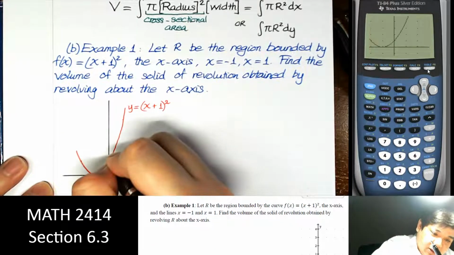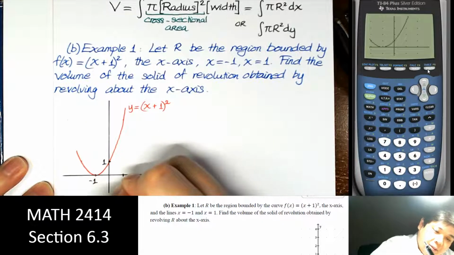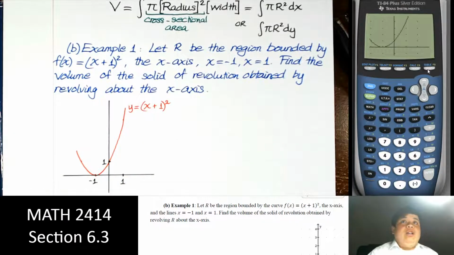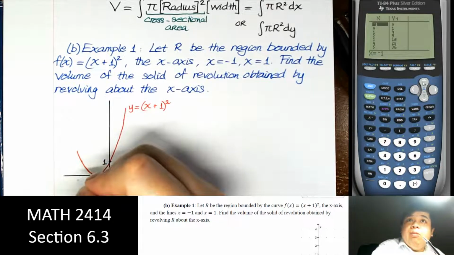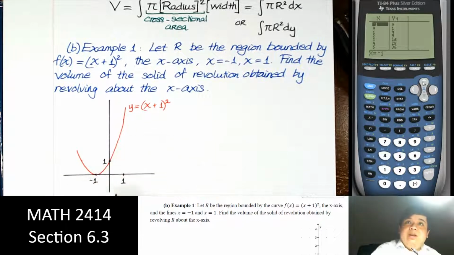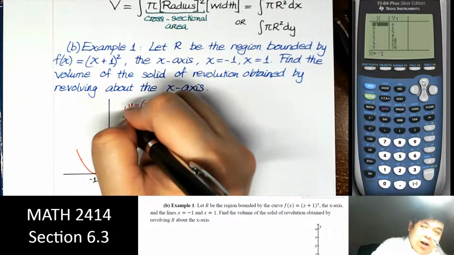Negative 1, 1. Right. If we want the table, I should have done this earlier. The second graph gives us the table. At negative 1, it's going to be 0. At 0, it's going to be 1, and at 1, it's going to be 4.